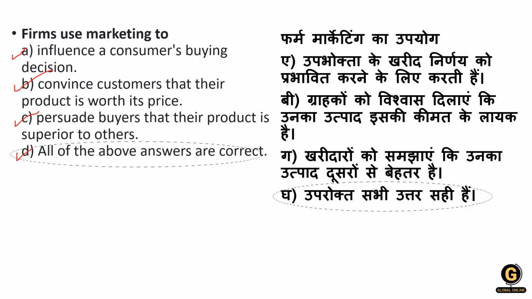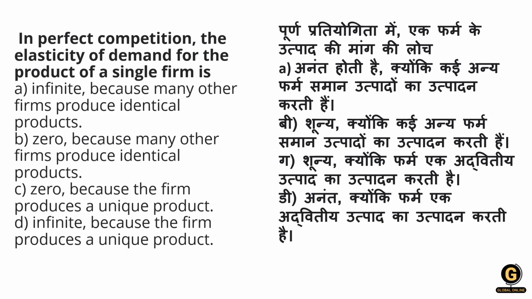Now the next question. In perfect competition, the elasticity of demand for the product of a single firm is... We have to tell what the demand elasticity will be for a single firm. Options: infinite because many other firms produce identical products; 0 because many other firms produce identical products; 0 because the firm produces a unique product; infinite because the firm produces a unique product.